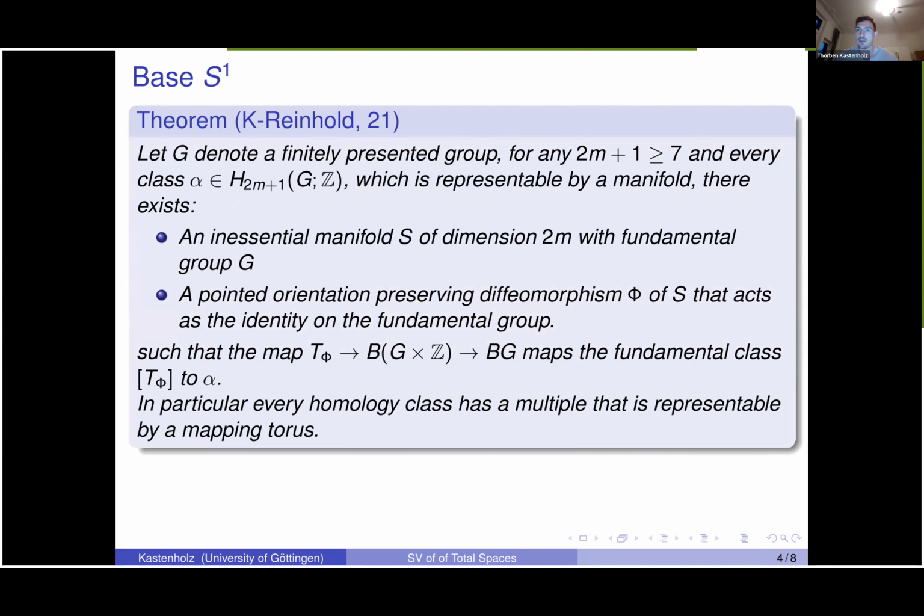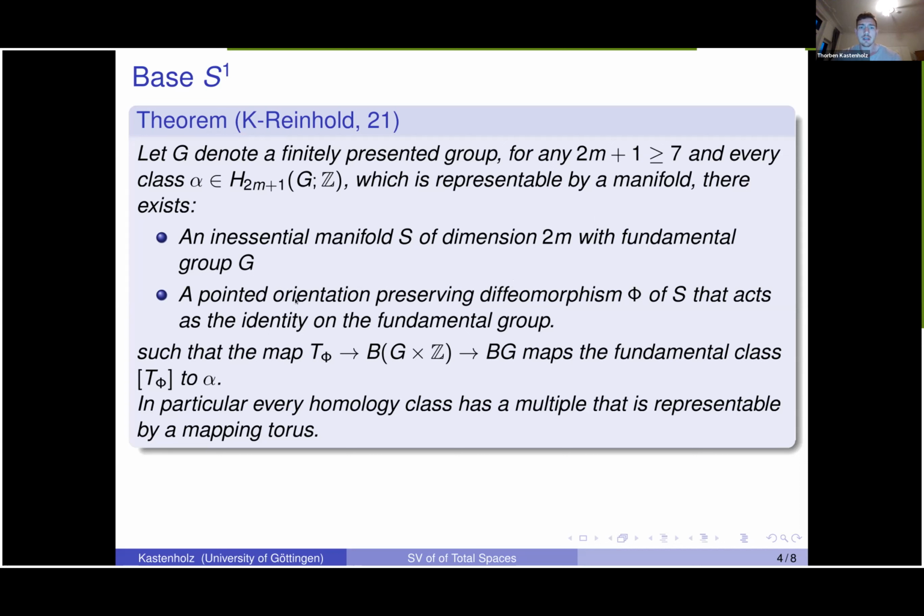And here's this rather lengthy theorem, which says that if I have a finitely presented group G, and I have some index n which is bigger or equal than 7, and I have a homology class alpha in the group homology of the corresponding degree, which is representable by a manifold, meaning that there's actually a map from a manifold to BG which maps the fundamental class to alpha, then there exists an inessential manifold S of dimension 1 less, which has fundamental group G, and a pointed orientation preserving diffeomorphism phi that also acts as the identity on the fundamental group.